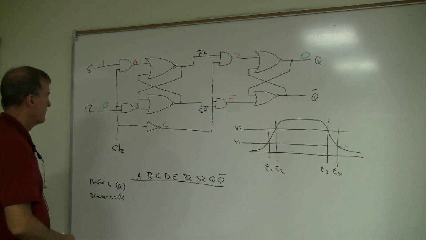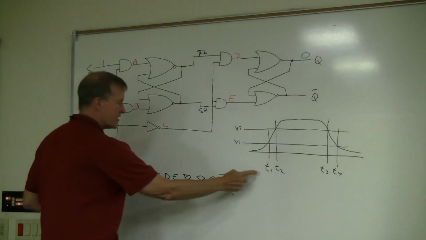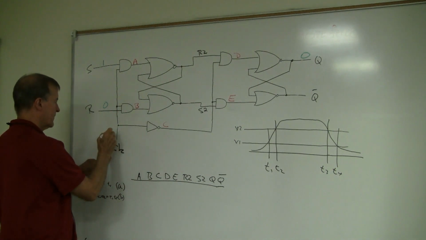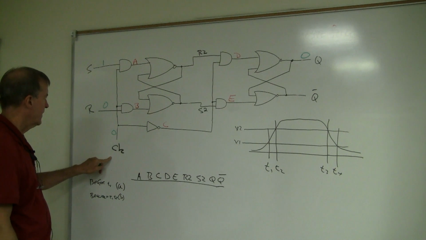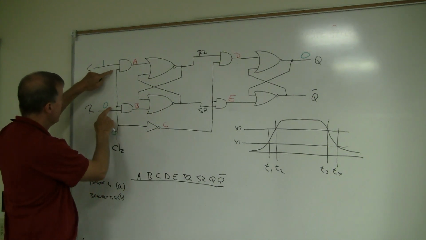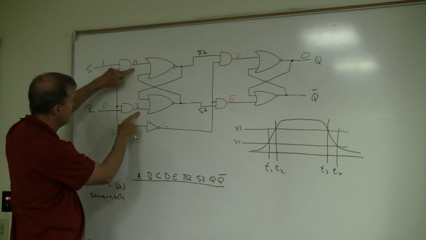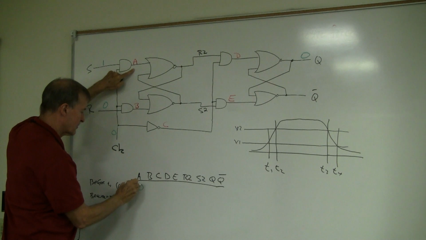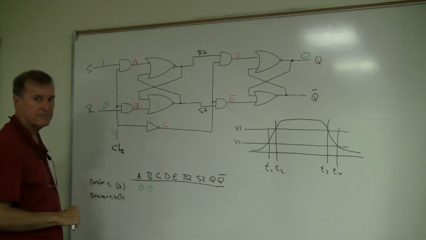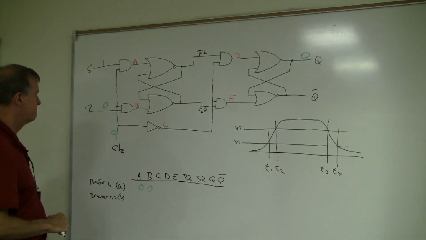All right, now, first of all, before T1, the clock is 0, right? So this is 0. Yeah? And now, this clock, the 0 and anything means the output of the AND gate must be what? 0. Yeah, so we have 0, 0. Are we good?